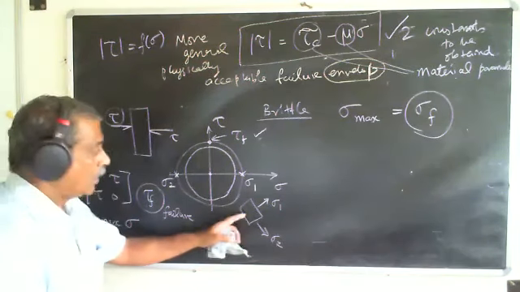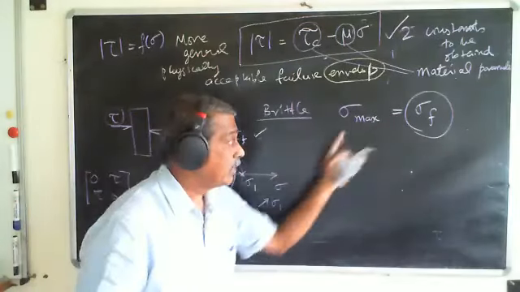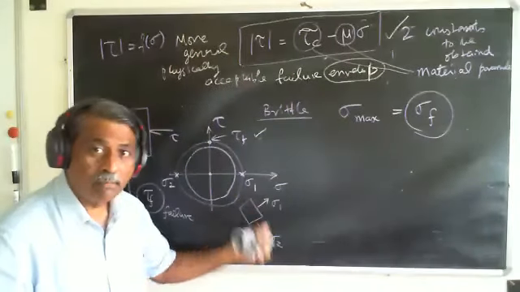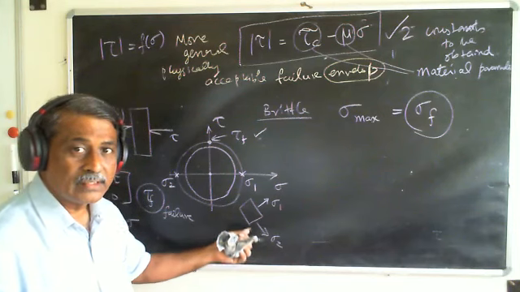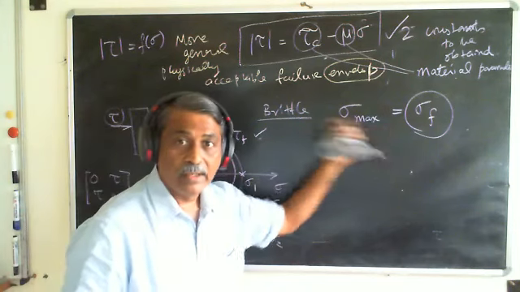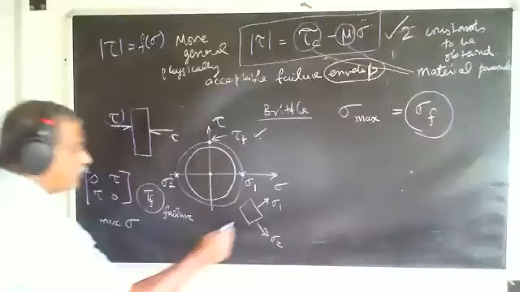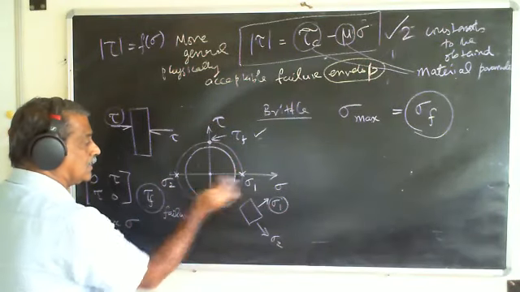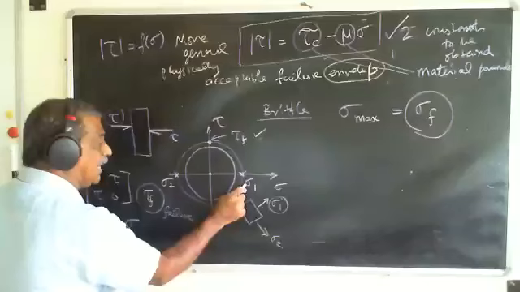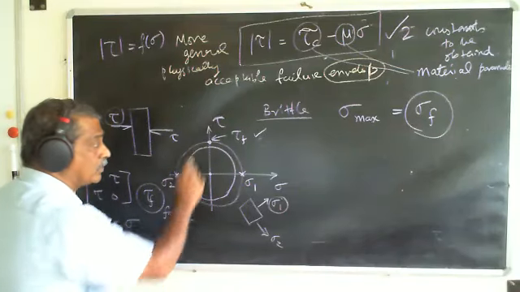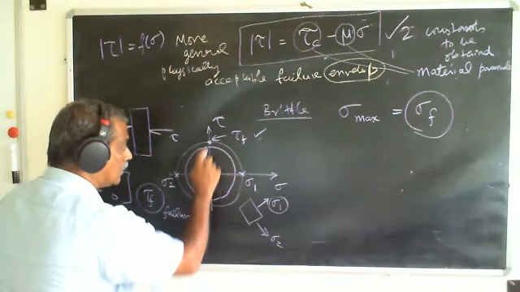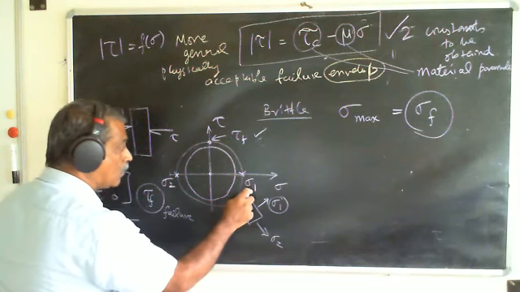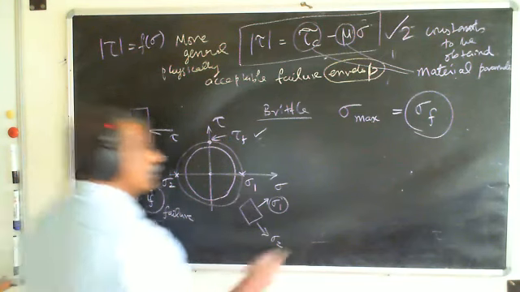The question we are asking is, at what maximum normal stress is it breaking for the brittle material? So I will find sigma 1, which will be a function of this tau f. In this case it's very simple. If you notice this circle, this is the radius, so sigma 1 is equal to tau f.